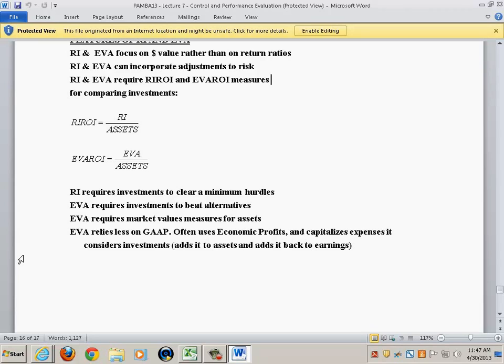So the residual income requires investments to clear minimum hurdles, minimum desired or minimum required return on investment. That's the residual income. The economic value added requires investment to beat alternatives, where the alternative is usually represented by the weighted average cost of capital.